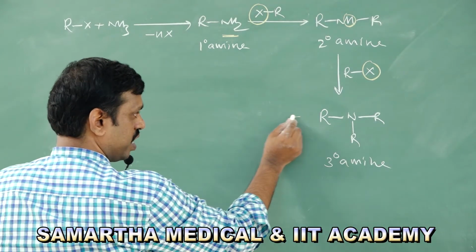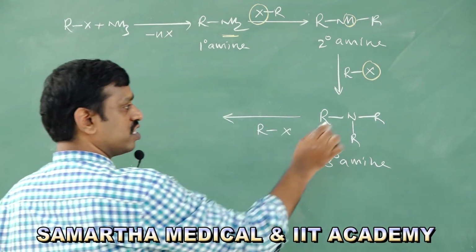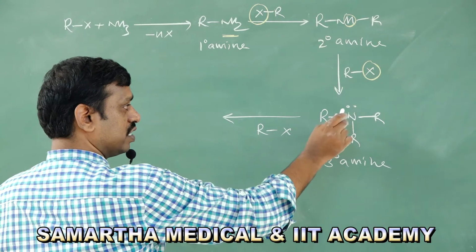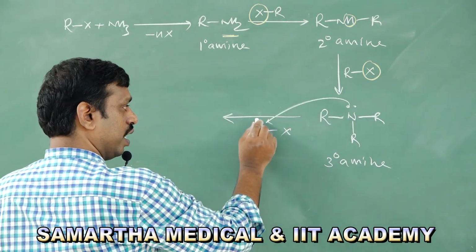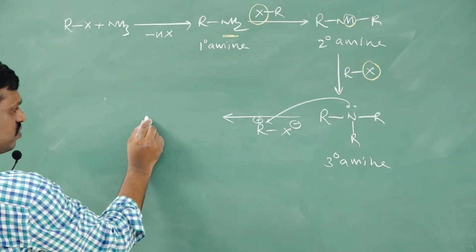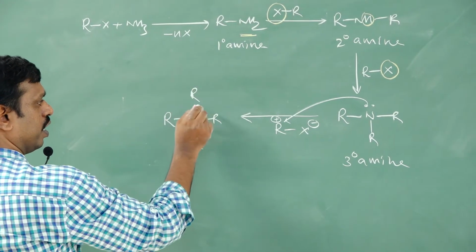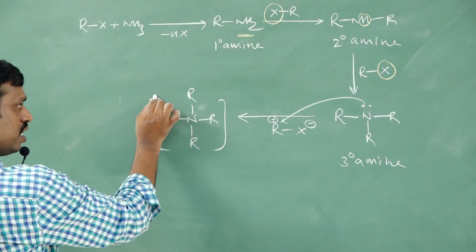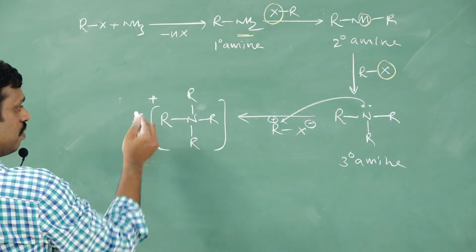This tertiary amine again reacts with another mole of alkyl halide because there is a lone pair. This lone pair is donated to this R group, which is nothing but a carbocation. This is X minus. So finally it forms RNRR plus, carrying a positive charge, and X is minus.